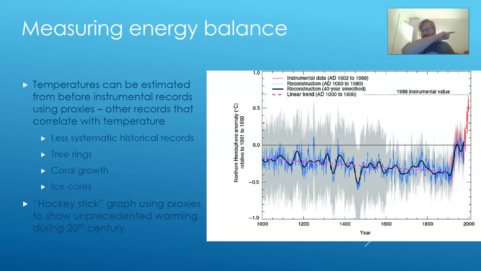And so that shape, the long downward thing and then the sharp turn, people thought that looked like a hockey stick, right? With the handle of the hockey stick and then the blade sticking out at an angle. And this really illustrates very well how unprecedented the warming that we've had over the course of the 20th century into the 21st century has been, as compared to the temperature levels that we've had in the past. We have this much warmer conditions and getting warmer at a really fast rate that we don't see temperatures changing in the past.